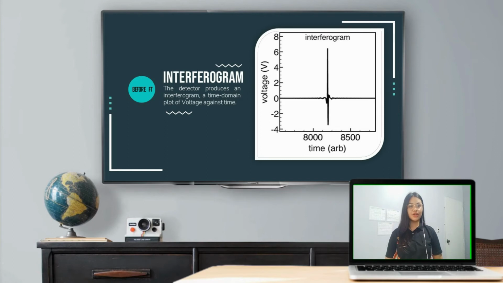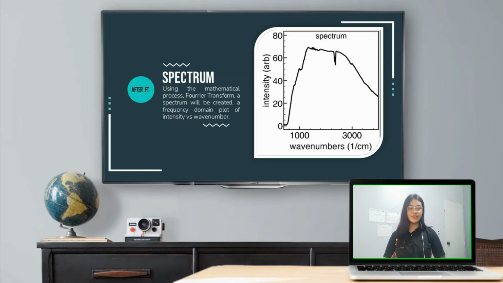This is where the Fourier transform comes in because it allows us to convert a time domain spectrum into a frequency domain spectrum, like this one. This is what a frequency domain spectrum looks like. This is a plot of intensity against wave numbers. Notice that it is easier to interpret this kind of spectrum compared to the time domain spectrum.